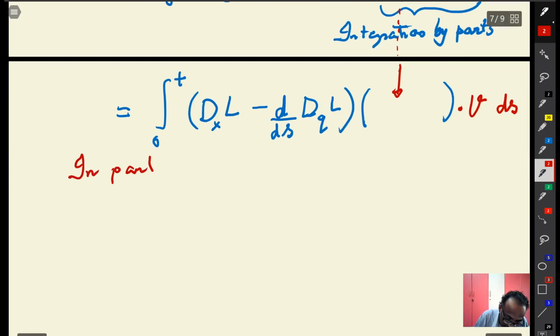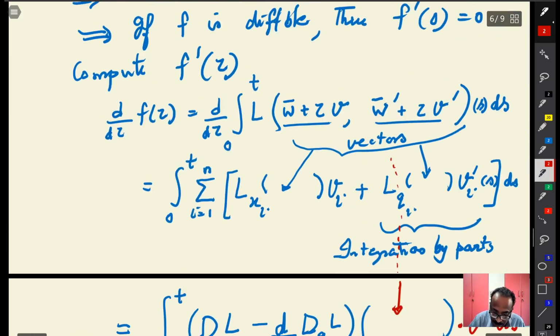That's the thing. So in particular, let me use the same color. I can compute my f prime of 0. For f prime, the arguments are w bar plus tau v.